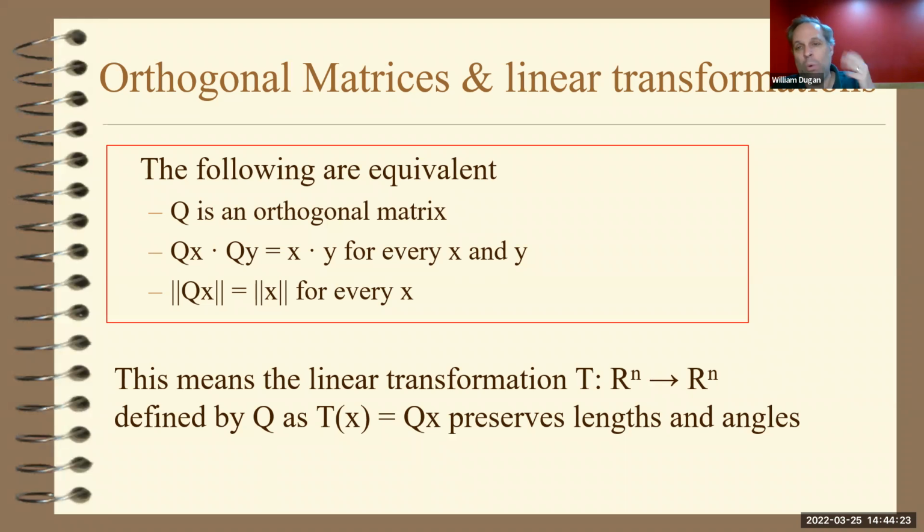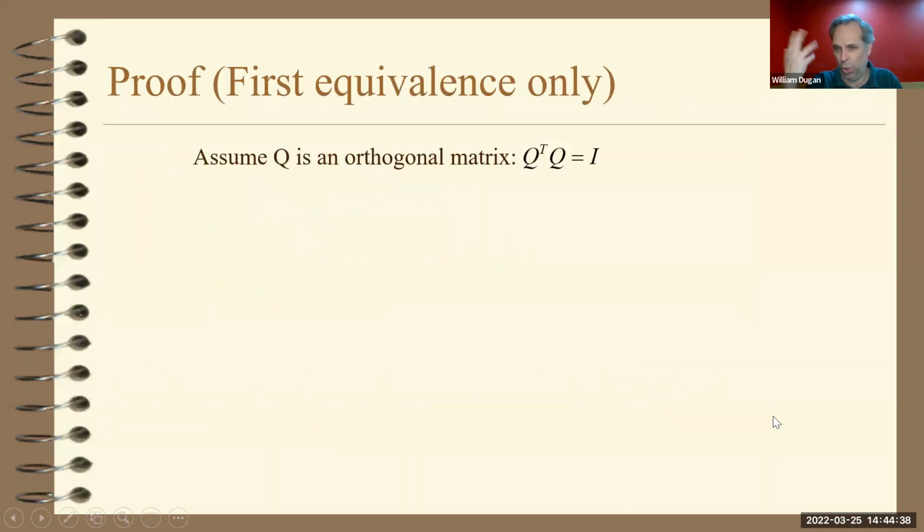I'm going to prove at least one of the equivalences. I'm going to prove to you that if Q is an orthogonal matrix, then the dot products will be the same before and after the mapping. It's not hard to do. I'll just go through it quickly. Suppose Q is an orthogonal matrix, and Q transpose times Q is I. That's just one of the direct results from it.